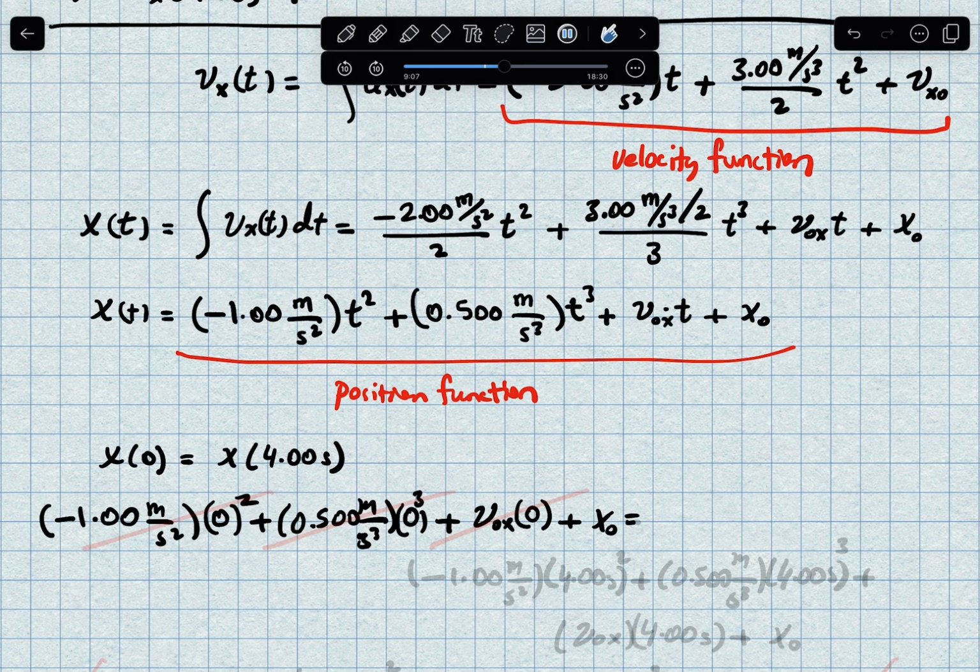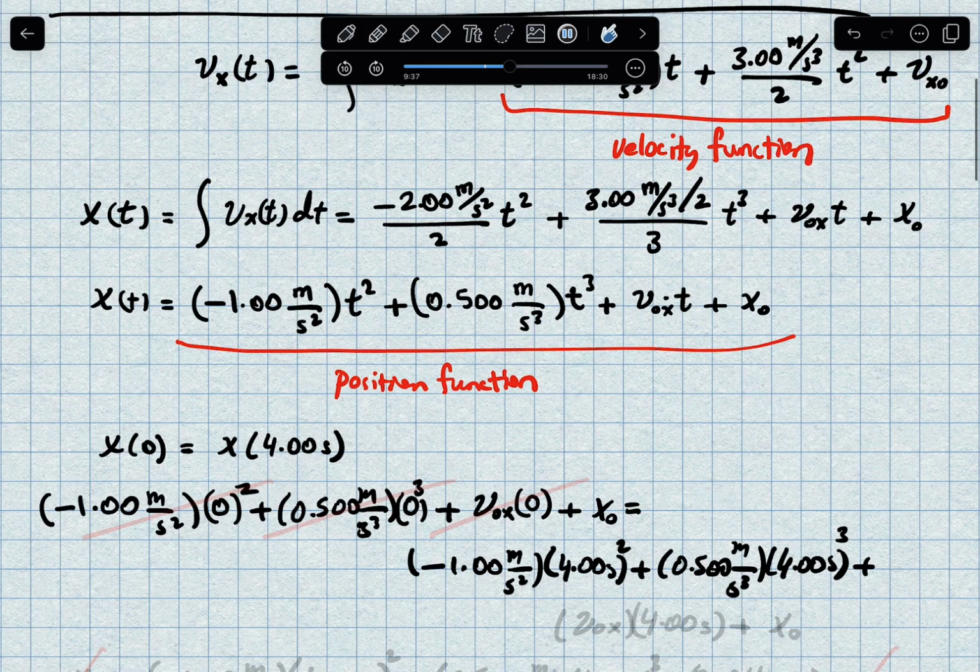And the other side would be, if I start from here, 4 seconds squared plus 4 seconds cubed plus initial velocity multiplied by 4 seconds plus initial position.